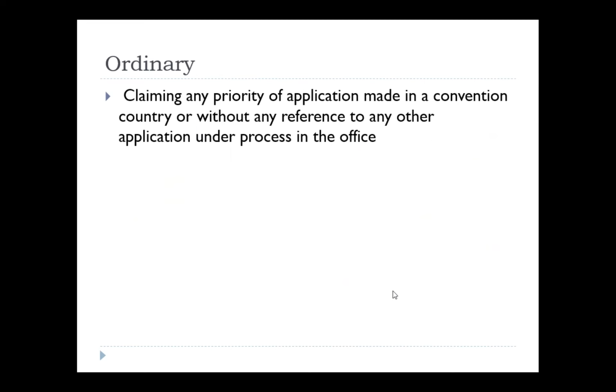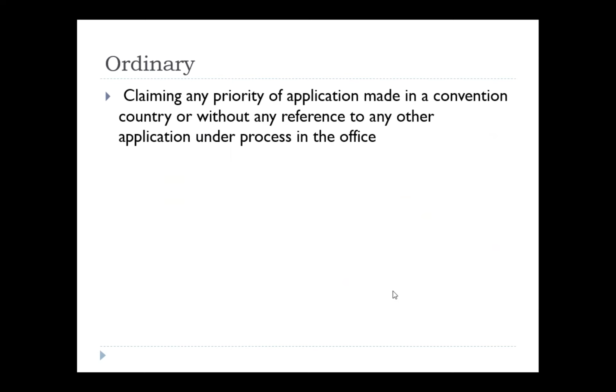So let us move towards the complete specification. In an ordinary application, you can claim the priority in the convention countries without any reference to any other application under process in the office. What does it mean?